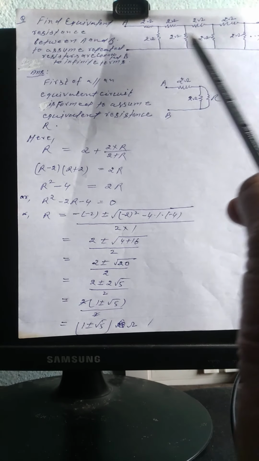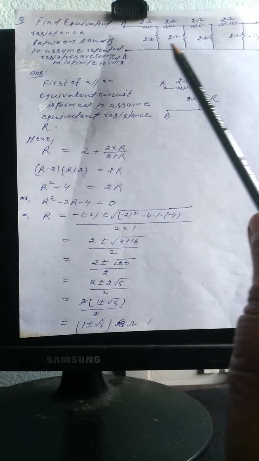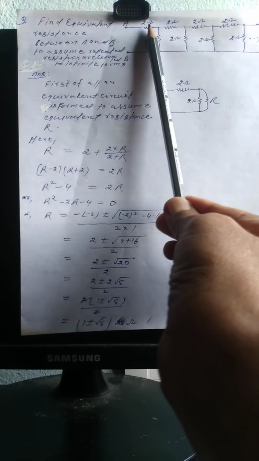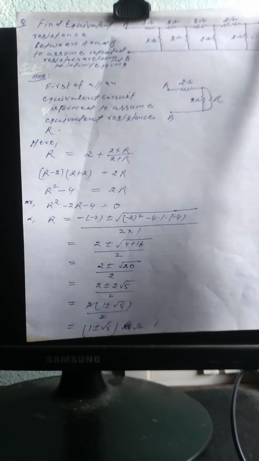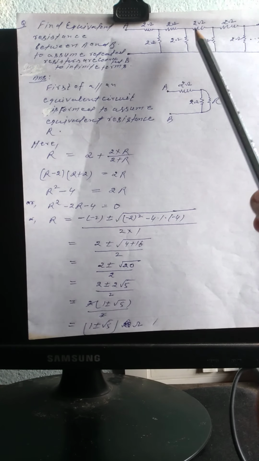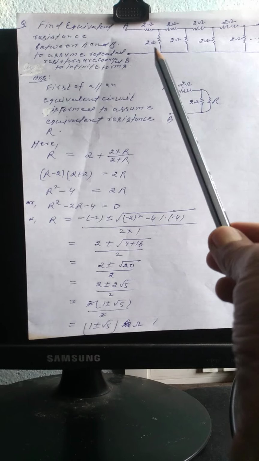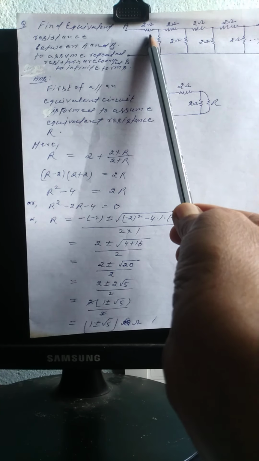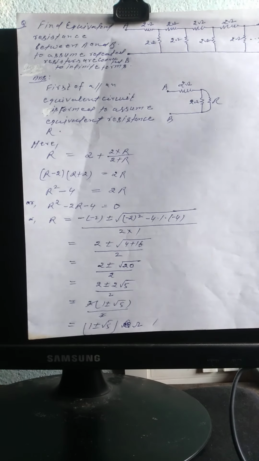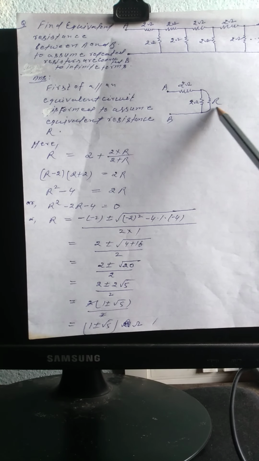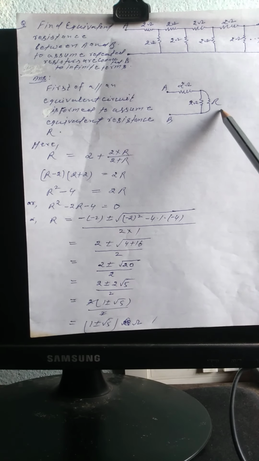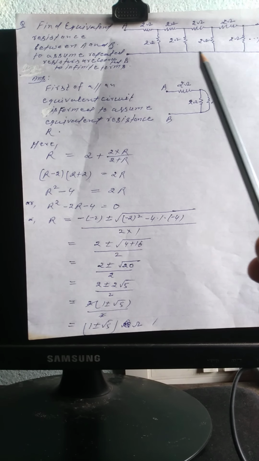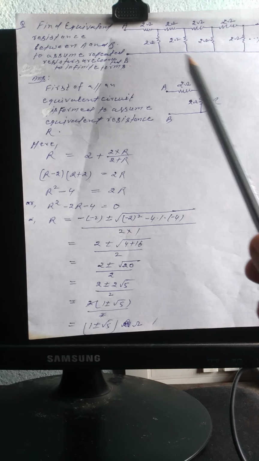Now this circuit contains infinite repeated resistors. These are repeated resistors connected to infinite terms, and after removing one repeated term, we assume that the equivalent resistance is equal to R. It will still be equal to R, because there will be no effect on the equivalent resistance after removing one repeated resistor.